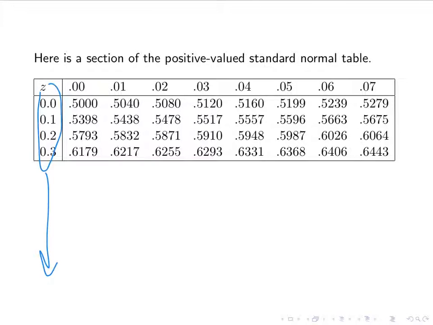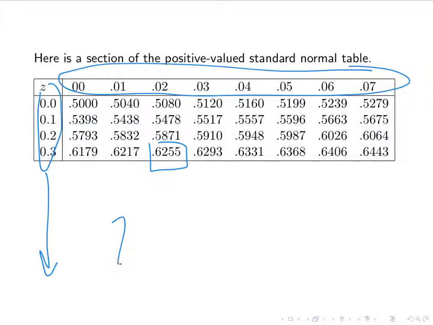So those are our ones and tenths place of our z's, and then at the top are our hundredths place. So 0.00, 0.01, 0.02.